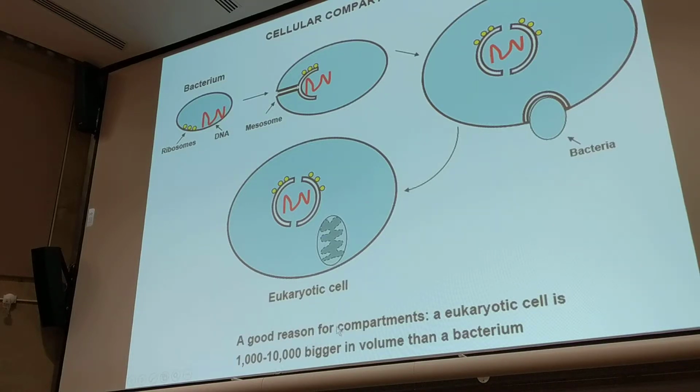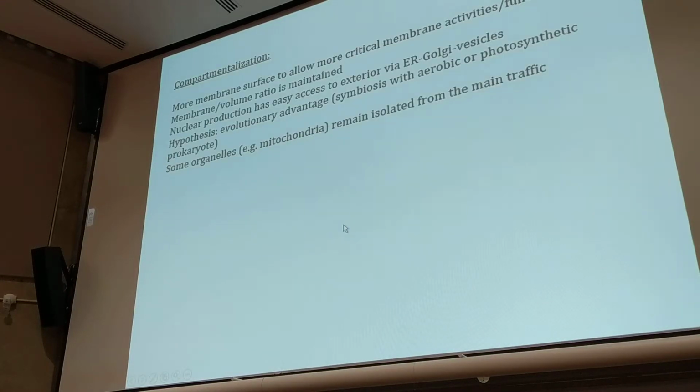A good reason for compartments is that a eukaryotic cell is much bigger than a bacterium, so it needs some kind of complexity, structure within the cell. So one reason for compartmentalization is that there's more membrane surface to allow more critical membrane activities and functions.